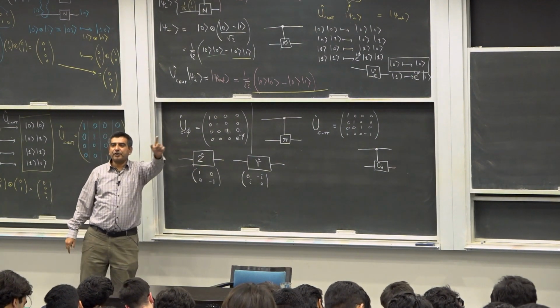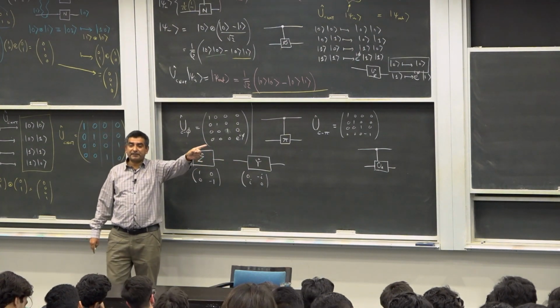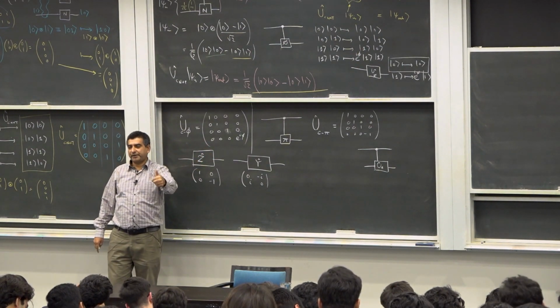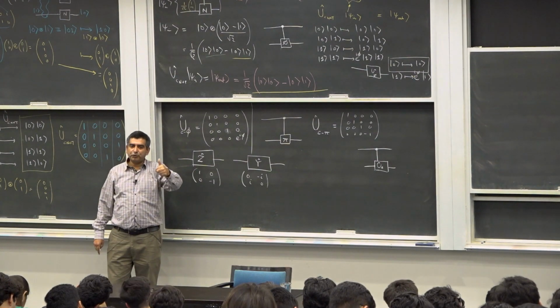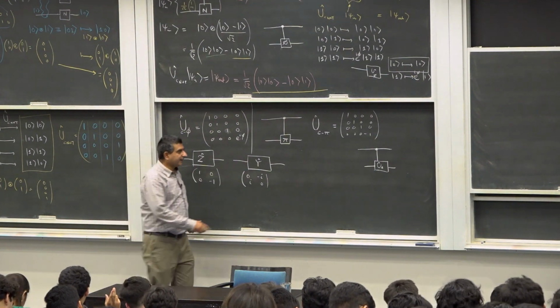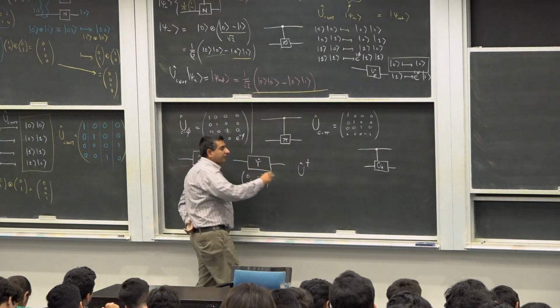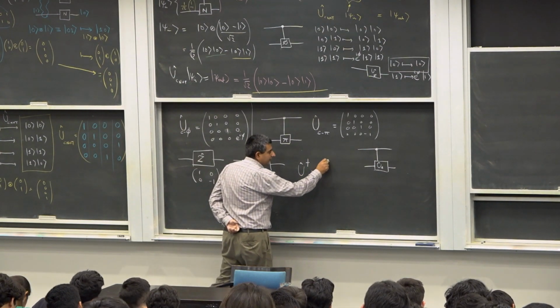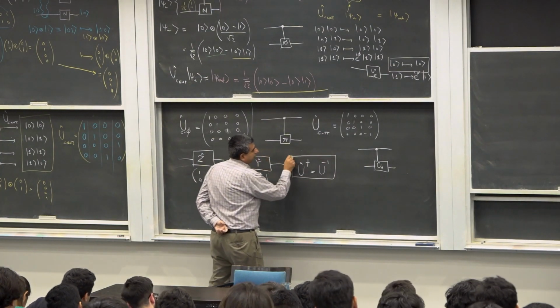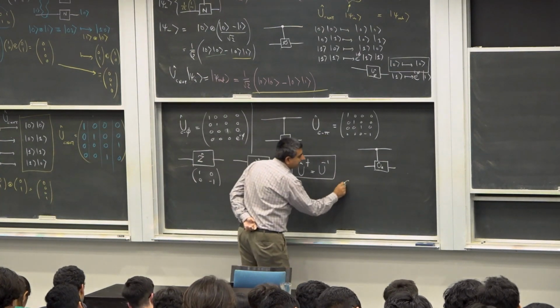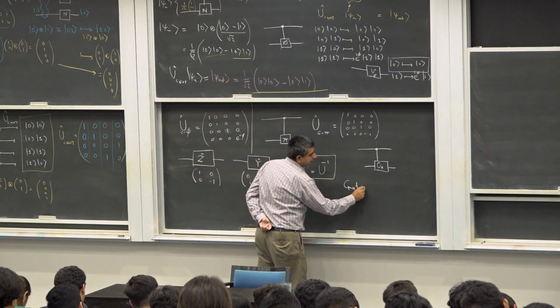All of these matrices, by the way, represent unitary operators. If you look at any of these matrices, you will find that each one of them satisfies the property that the dagger of U equals the inverse of U, which means that all the gates are unitary.